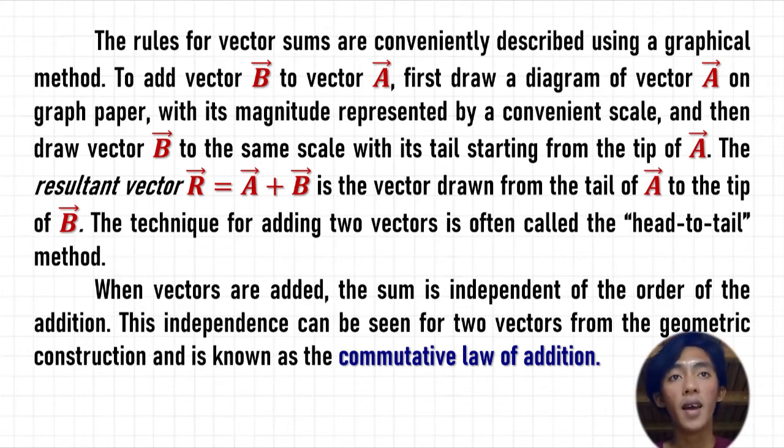When vectors are added, the sum is independent of the order of addition. This independence can be seen for two vectors from the geometric constructions shown in the figure, and it is known as the commutative law of addition.